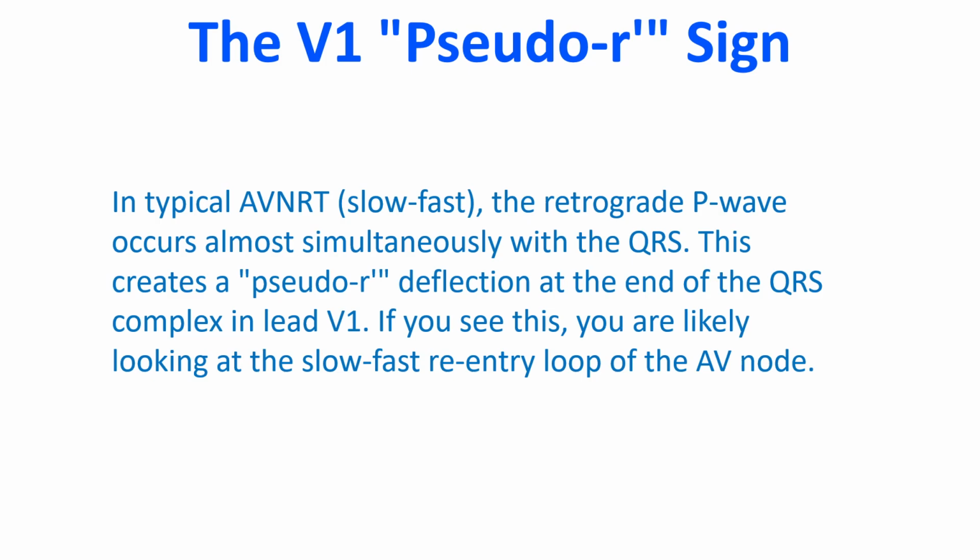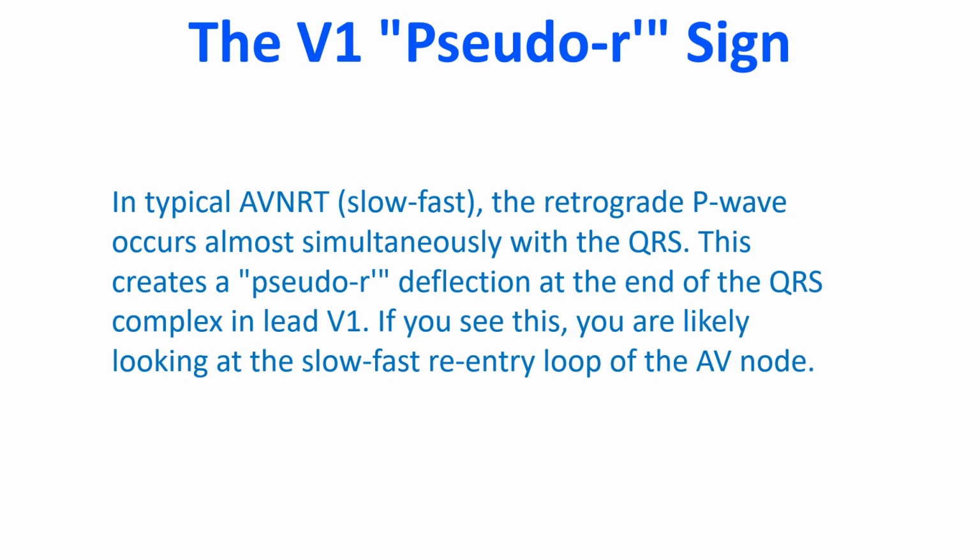In typical AVNRT, that is slow, fast, down the slow pathway, up the fast pathway, the retrograde P wave occurs almost simultaneously with the QRS because it is very fast retrograde conduction. This creates a pseudo R deflection at the end of the QRS complex in lead V1.